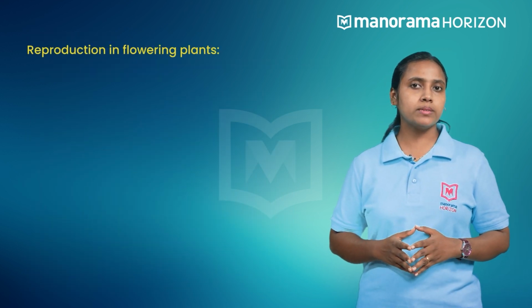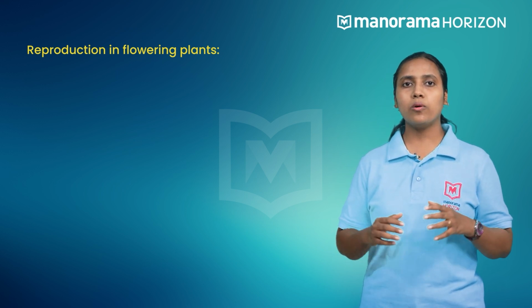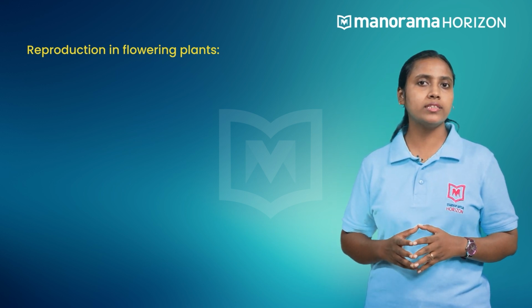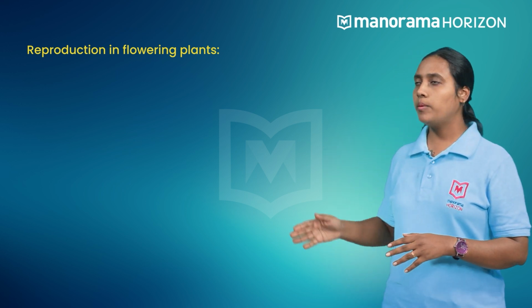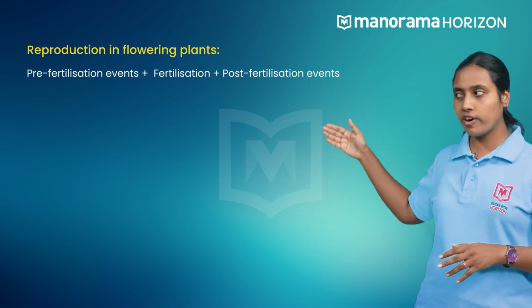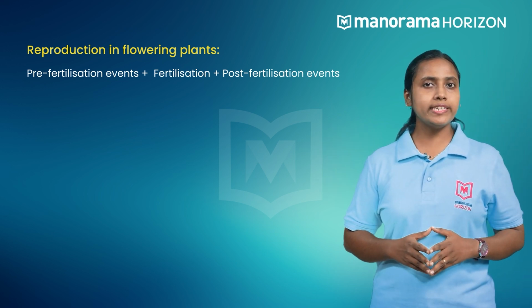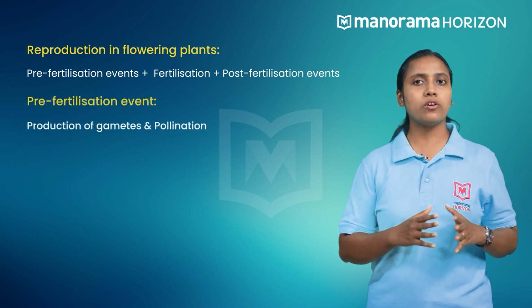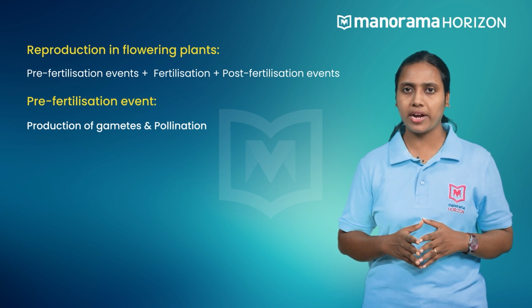Recall a few concepts before discussing pollination. You already know that reproduction in flowering plants is grouped into three major events, which are pre-fertilization, fertilization and post-fertilization. You have already learned about the process of formation of male and female gametes in flowering plants in the last video, right?